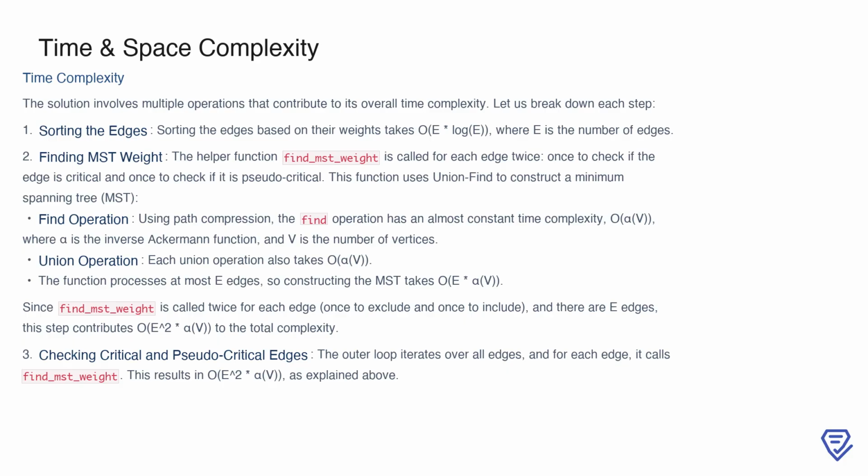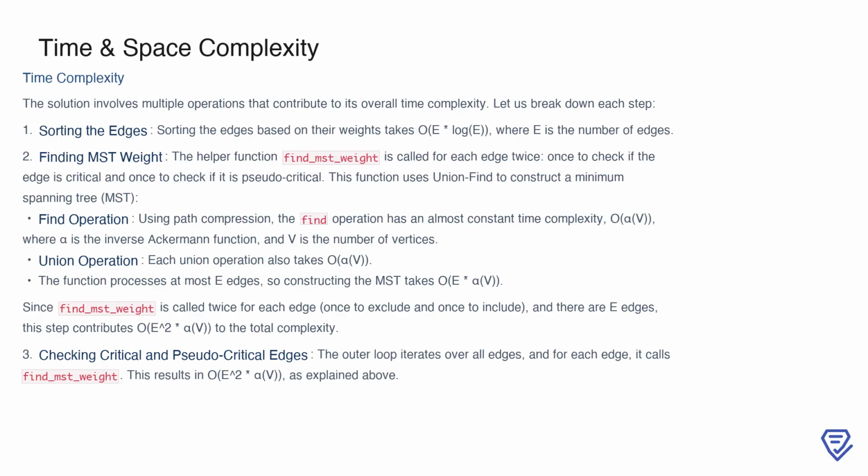This function relies on the union find data structure. Within union find, the find operation, which uses path compression, has an almost constant time complexity of O(alpha(V)), where alpha is the inverse Ackermann function, and V is the number of vertices. Similarly, the union operation also takes O(alpha(V)) per operation.